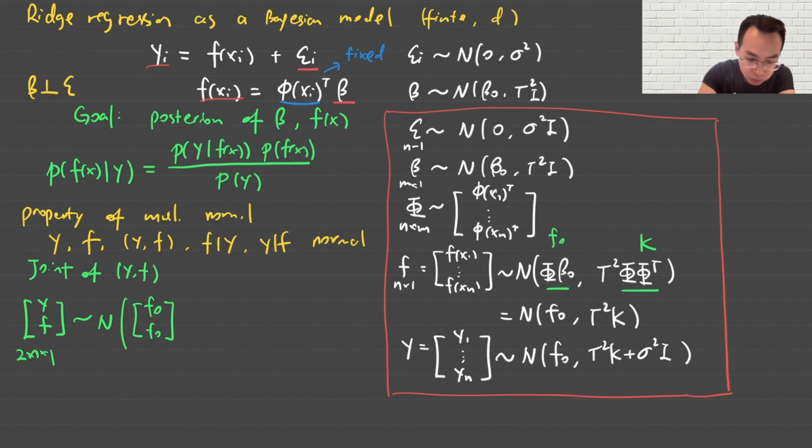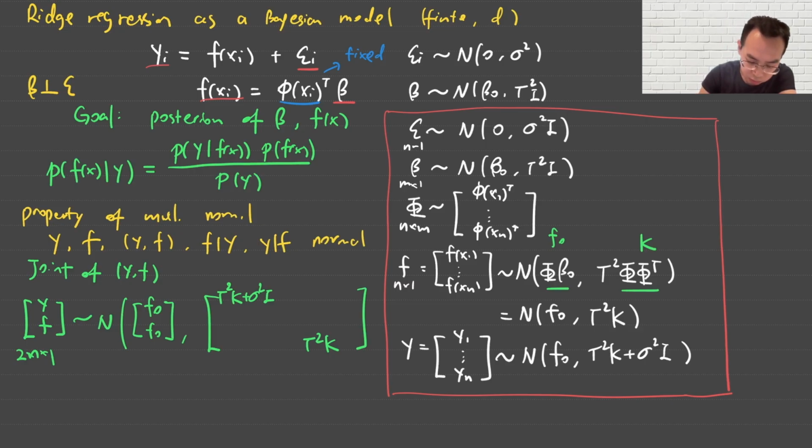So that's going to be the mean. And then the variance for this, let's just write out the diagonal first, right? So here we'll have tau square K plus sigma square I, and then the other one will be tau square K. The off diagonal is the covariance between y and f.